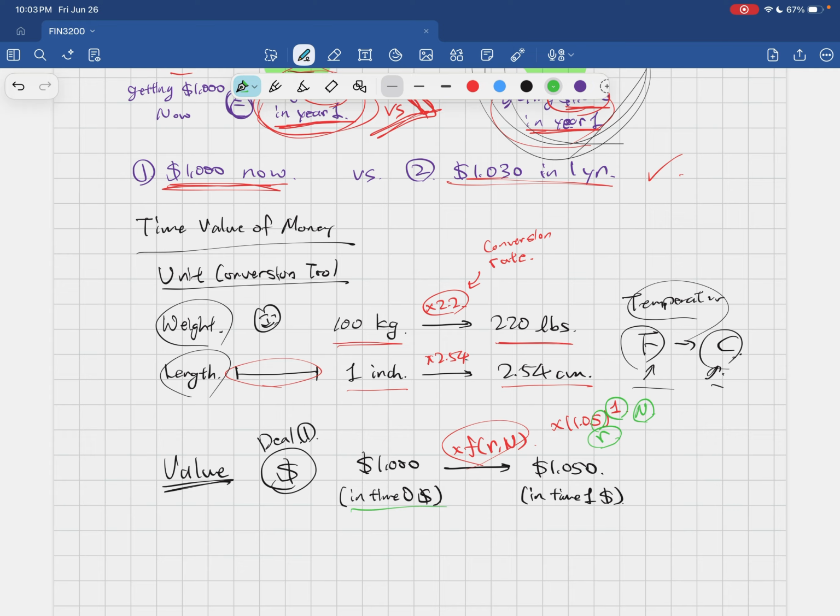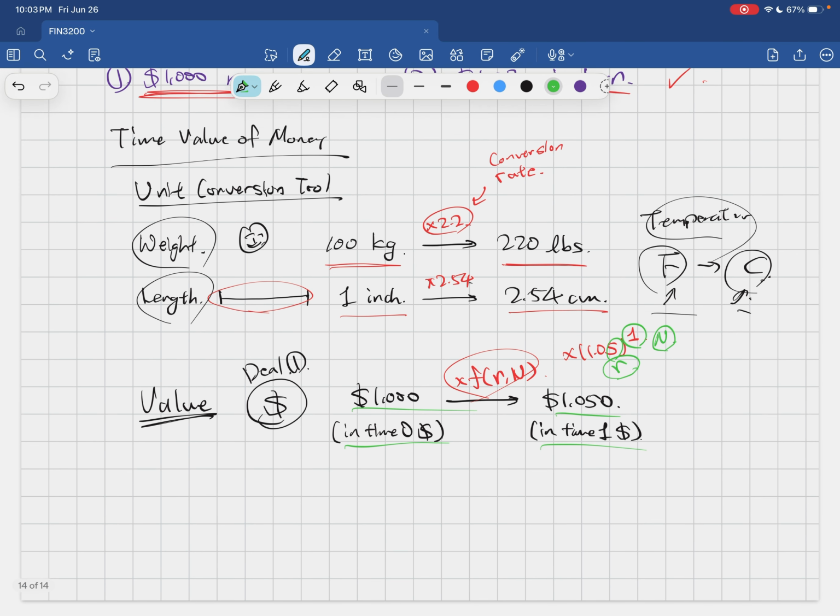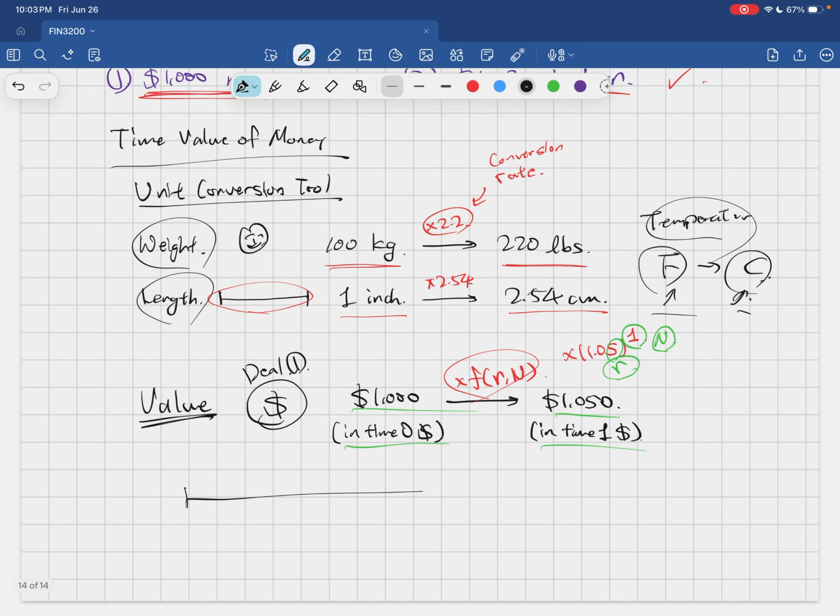We're going to use the same time value of money concept for all the problems that we're going to do. But the problems get complicated, so we deal with multiple cash flows, and people get all confused, but we're doing the same thing.